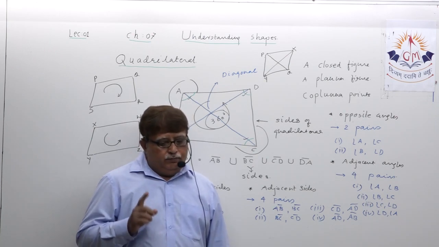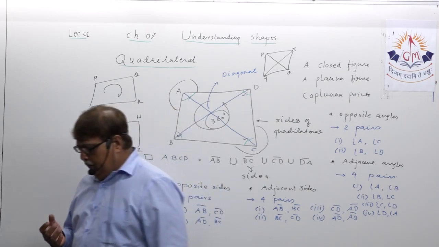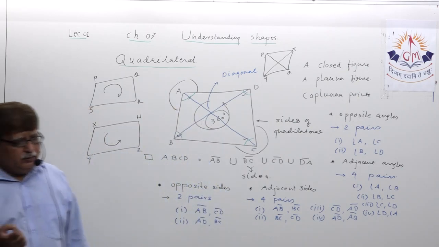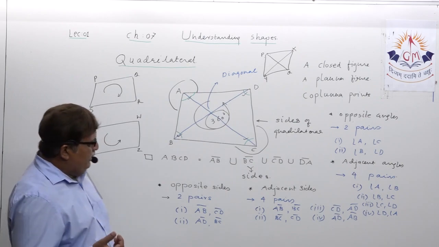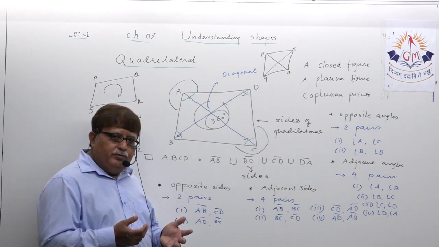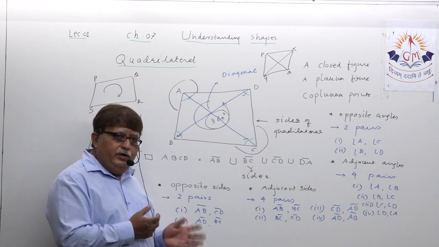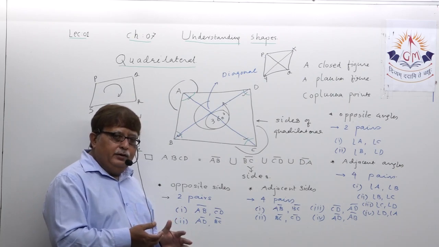This is the way you can name all parts of a quadrilateral. Understood? Somewhere you might have understood the concept of quadrilateral in a previous standard, but we are moving from basic to basic. Why?